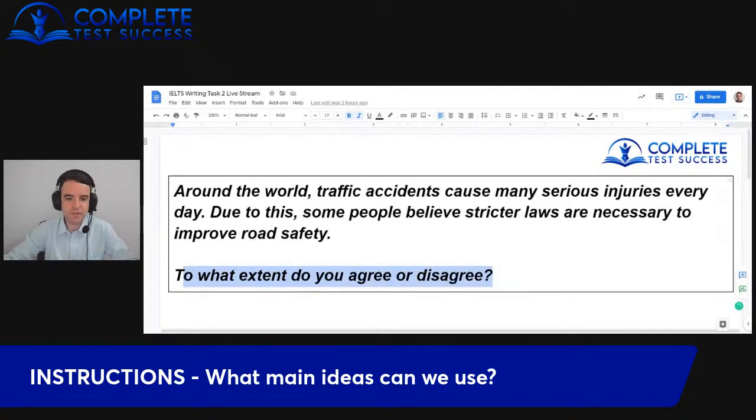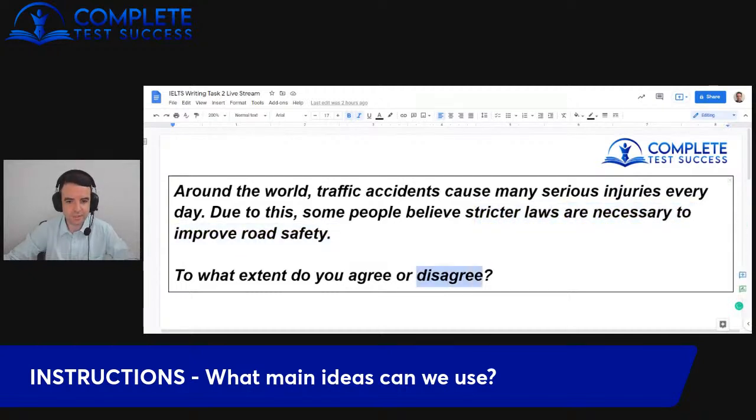So you're being asked to agree or disagree with this opinion that some people believe stricter laws are necessary to improve road safety. So, in essence, if you're saying I agree, you're saying I agree that stricter laws are necessary to improve road safety.